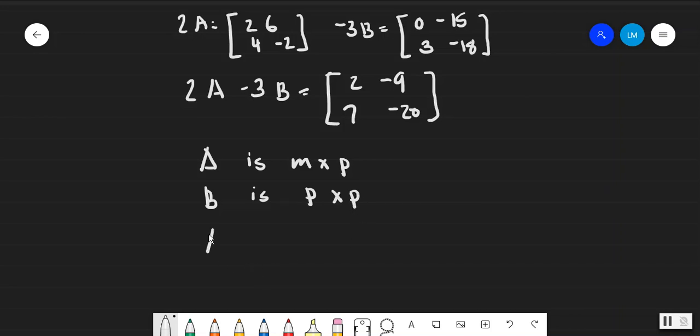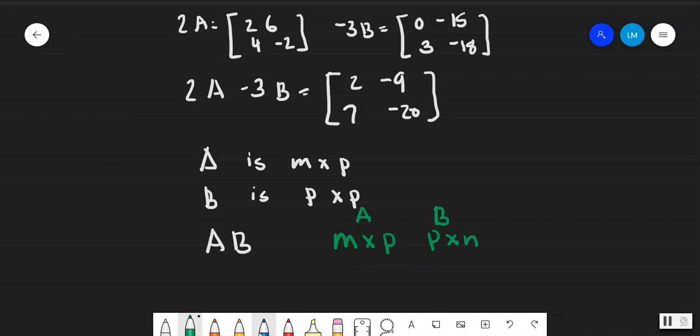So whenever I form the matrix multiplication, I have A times B. But the thing that you should look at essentially is the dimensions. That's where it matters. So we know that A is m by p, but then we also know that B is p by n.